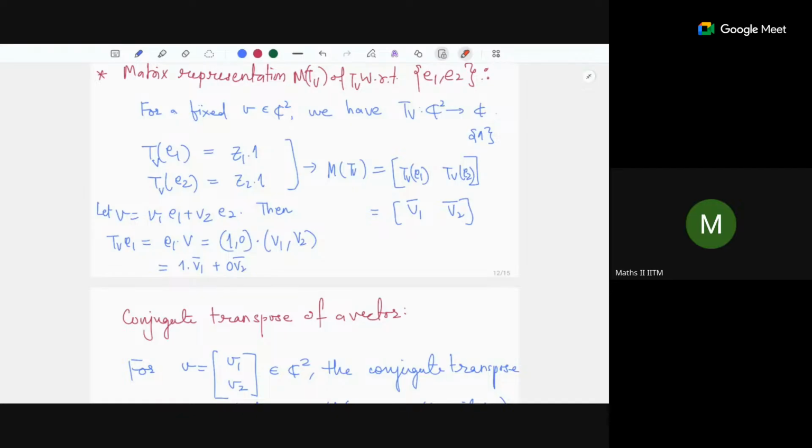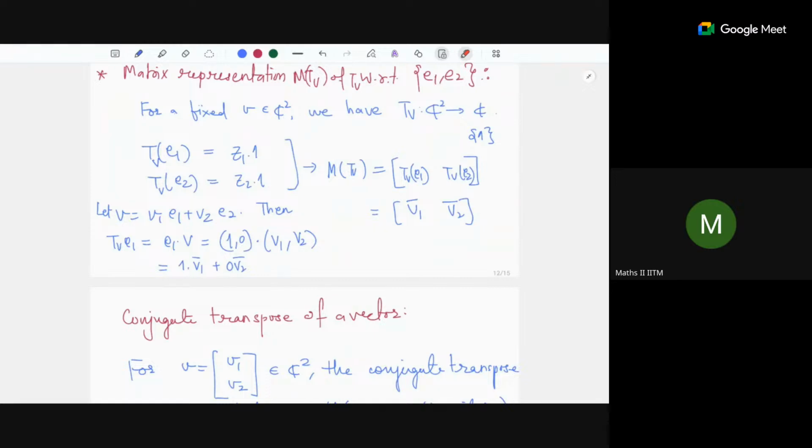Think of it as in R. In R, when you take two real numbers, what is the dot product of two real numbers? It is the scalar multiplication. You are multiplying anything with R. So it is a property of a field. You need to recall what is a scalar field, what is a real field, what is a complex field.